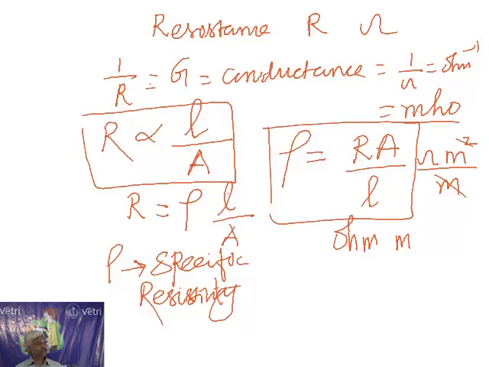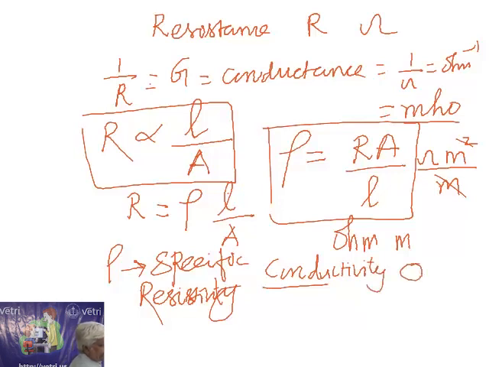So from this specific resistance, what is conductivity? Sometimes the question may be asked: calculate the conductivity. Conductivity, symbol sigma, is equal to 1 by rho.